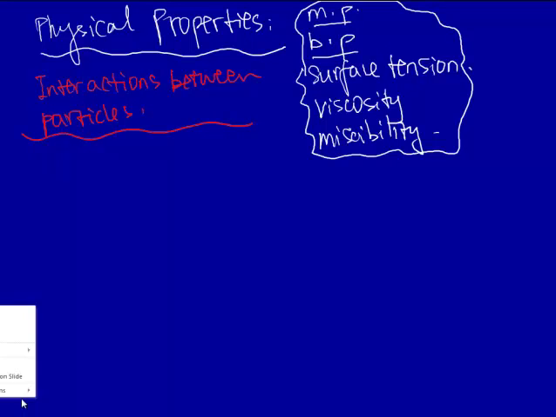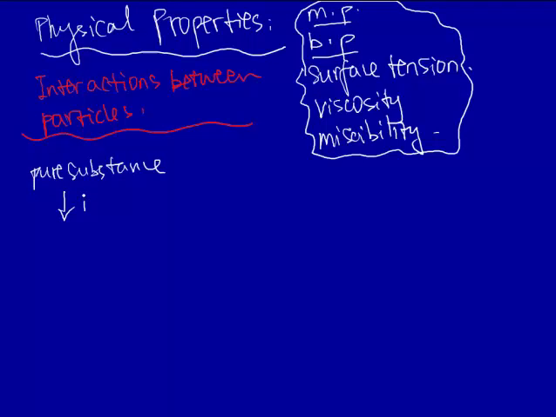So the particular flow chart, if we want to resolve those issues, we look at melting point, boiling point, and we go through this flow chart. If you're looking at a pure substance, is it a metal or ionic compound?